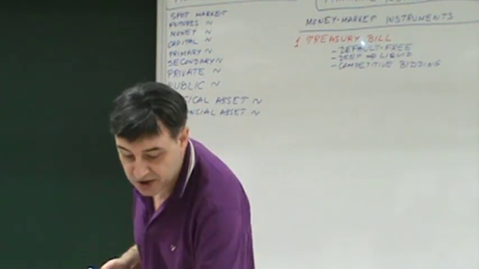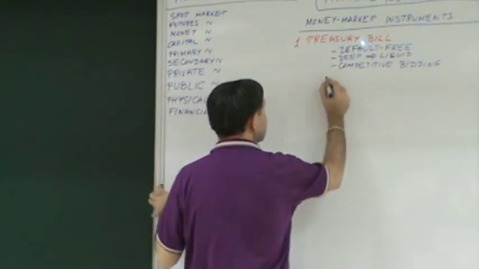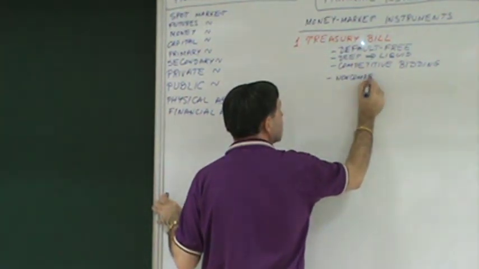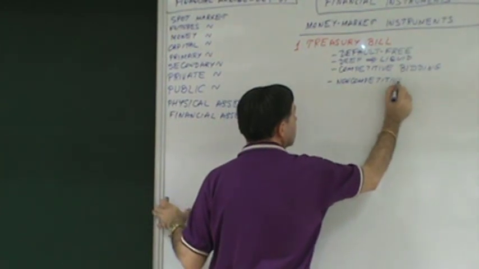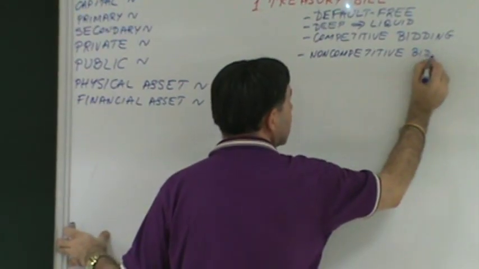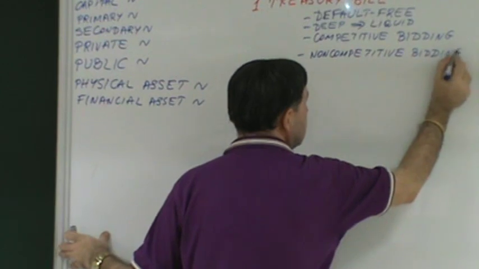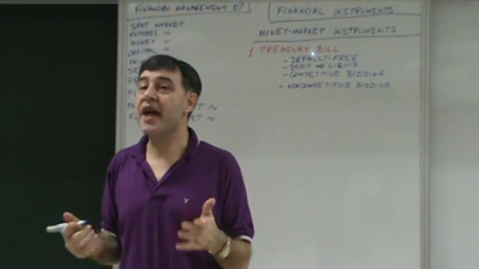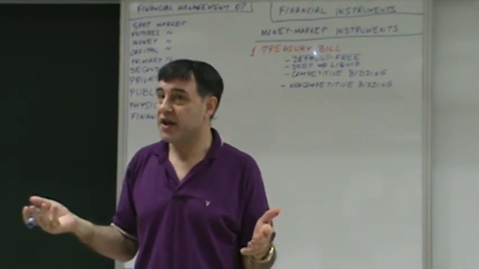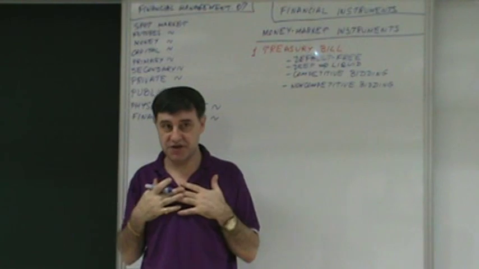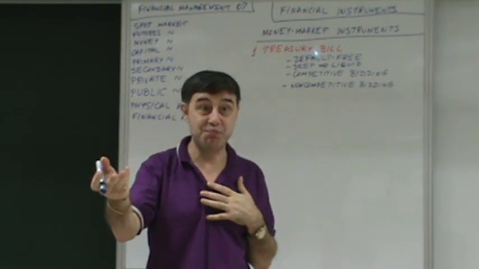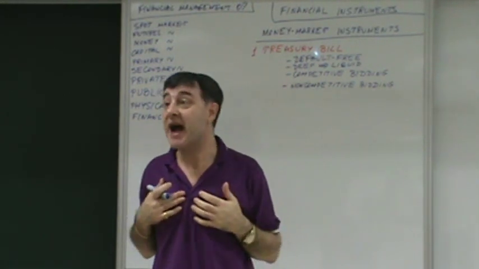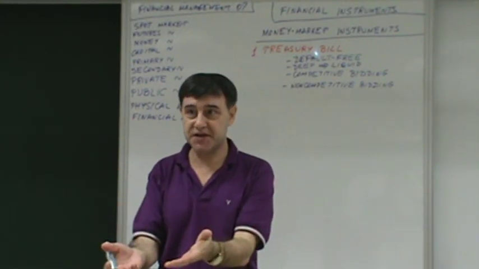The alternative is called non-competitive bidding. Non-competitive bidding is simpler and easier. It simply means that the buyer says, I want $2 billion of Treasury bills, and I will pay the market price.